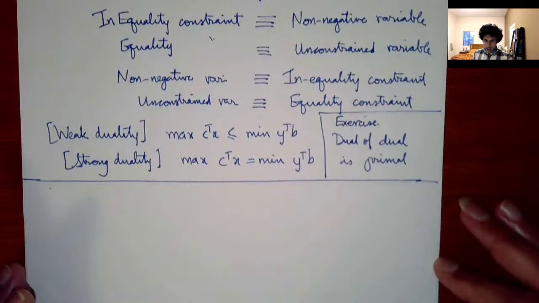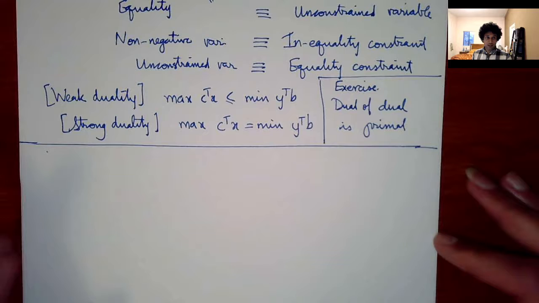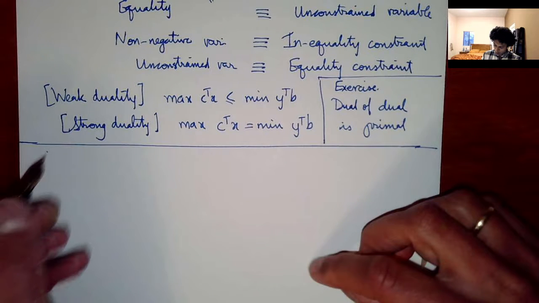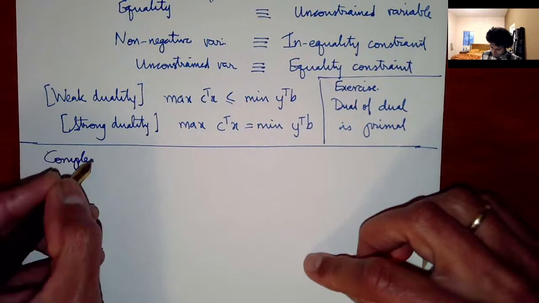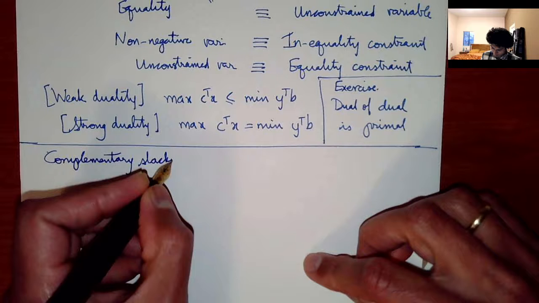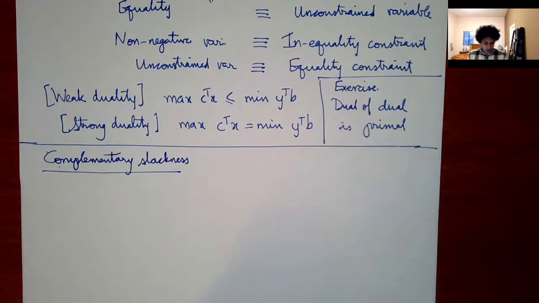All right. Now we'll move to another very important aspect of linear programming duality, and it's something called complementary slackness. What does complementary slackness say?